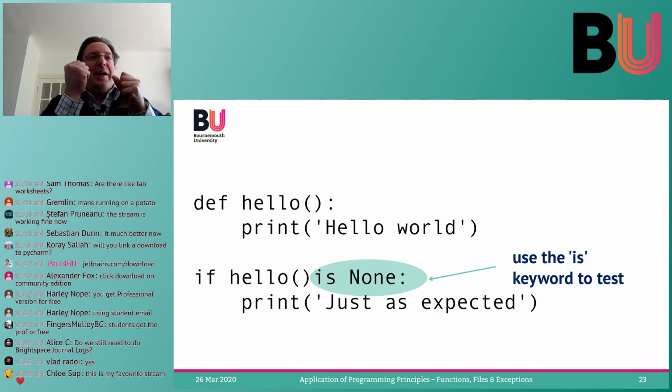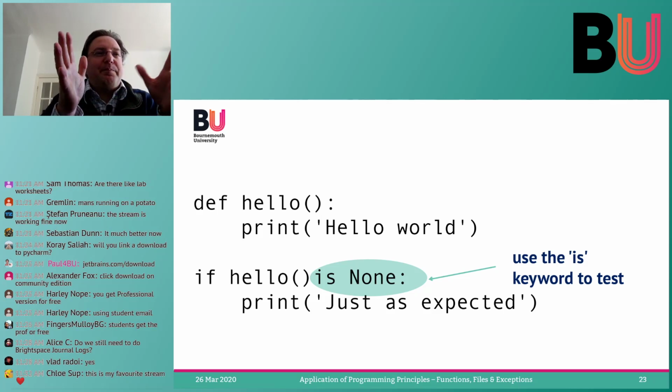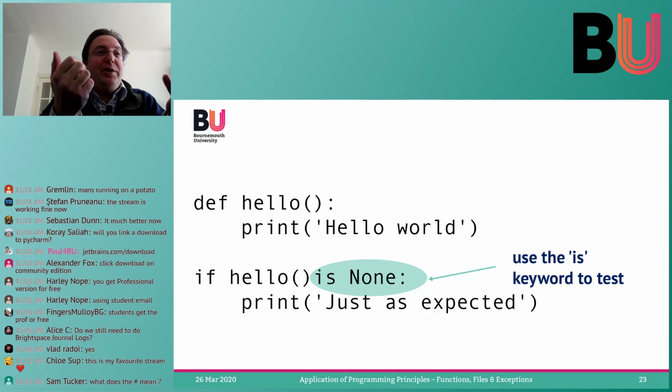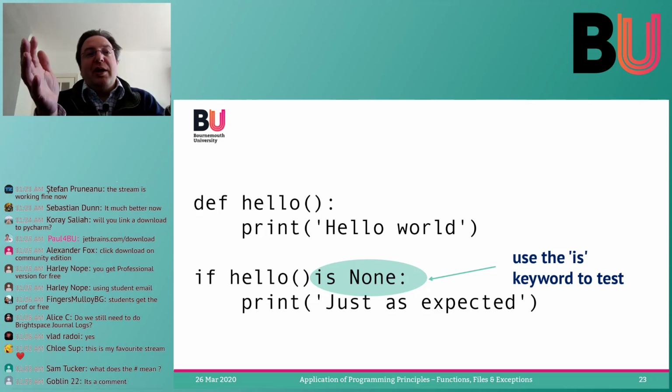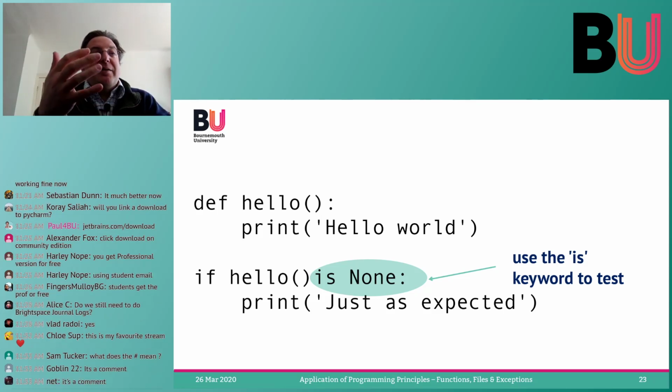We have a function hello here that doesn't return anything. So what we can do is look at whether the return of hello is None. None is the return type, then we just print, just as expected, because hello does not return anything. There's no return keyword.